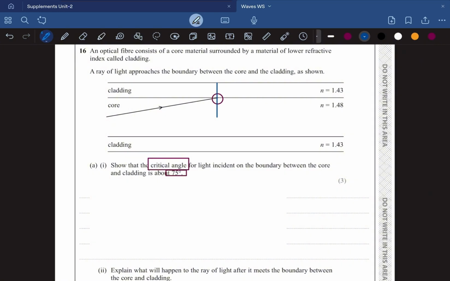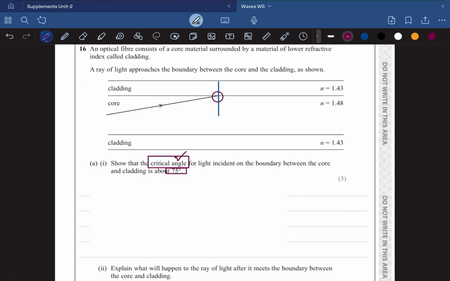Let's draw the normal first. So basically this is our normal, right? When there is a critical angle, the angle of refraction is not going to be like this. The angle of refraction will be perpendicular to the normal.